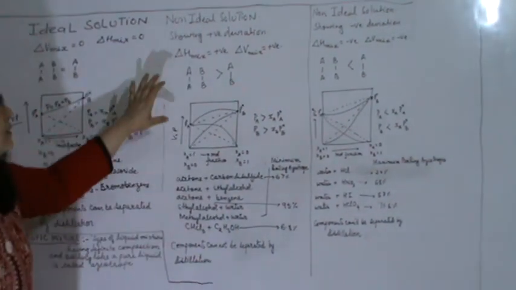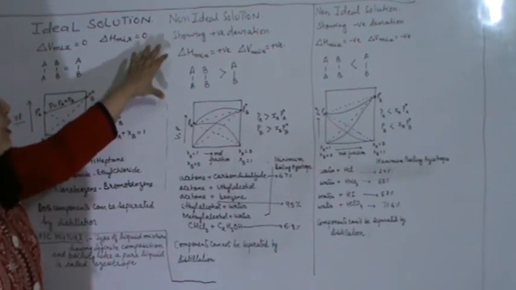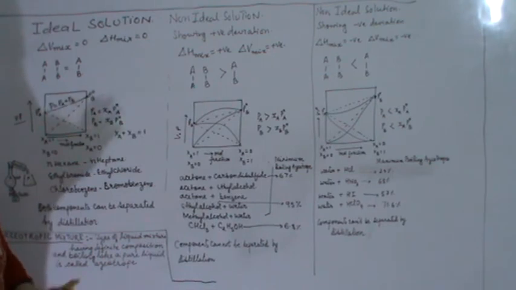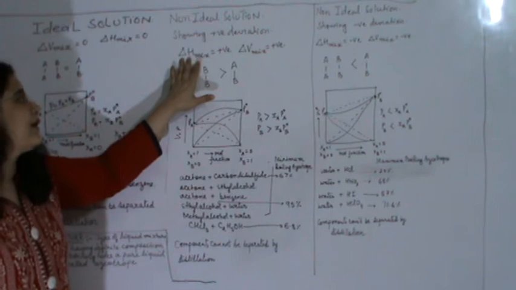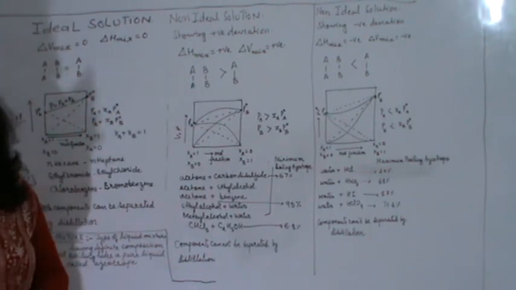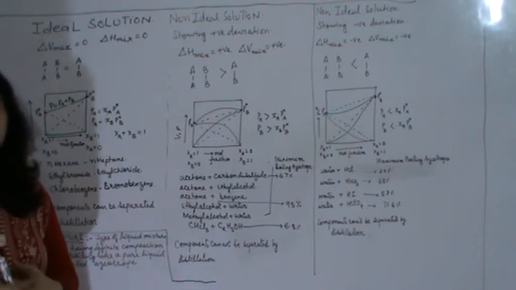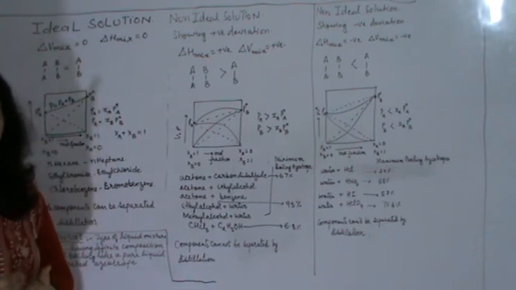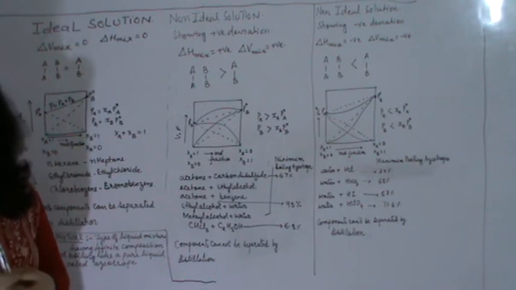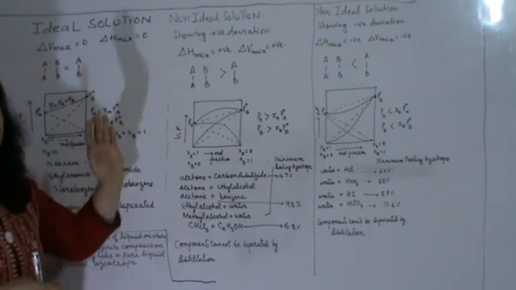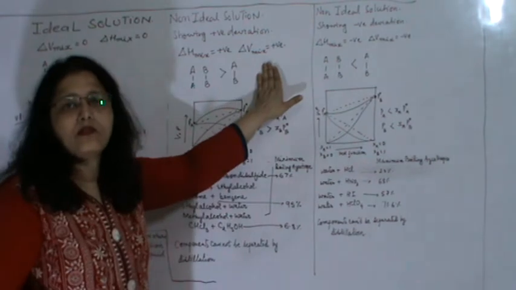First of all, we discuss the solutions showing positive deviation. In positive deviation solutions, when solute is mixed with solvent, delta H mixing is positive. Delta H mixing positive means heat is absorbed. When you mix solute with solvent, some amount of heat is absorbed from the surroundings. And delta V mixing is also positive.